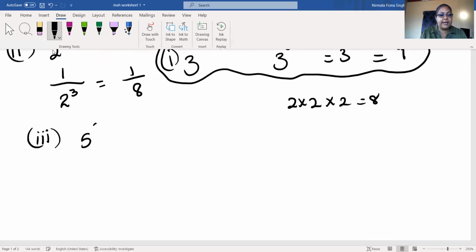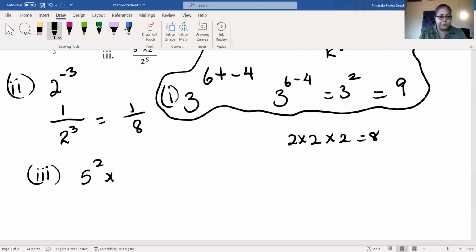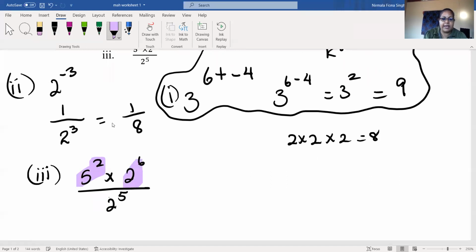Now here I brought in a little trick where I have 2 different numbers. 5 squared, 2 to the 6 divided by 2 to the 5. Now, we can't apply the rules of indices to these 2 numbers. Why? Because the base number is different.